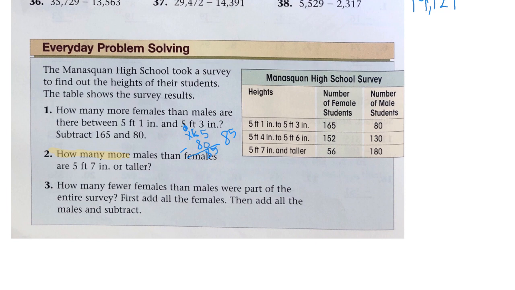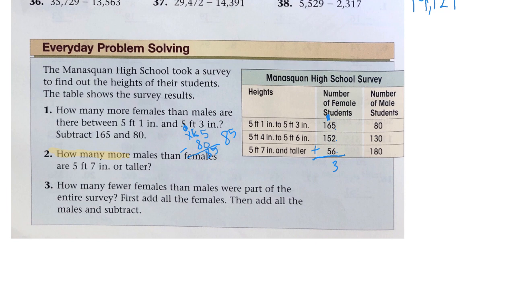So first, add all the females. They're already lined up in the table, so I'm just going to draw a line and add them. So 5 plus 2 plus 6 is going to give us 13. Carry the 1. 1 plus 6 is 7.